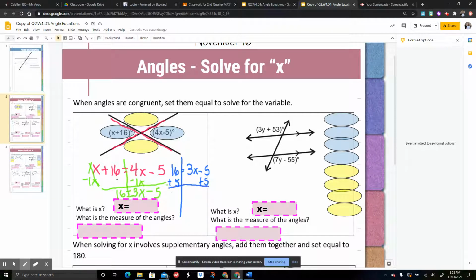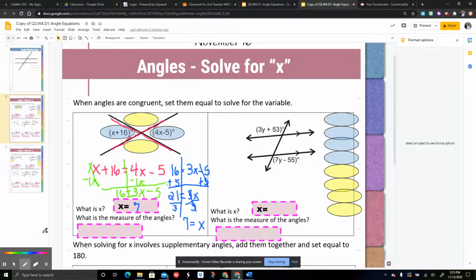And 16 plus 5 is 21. So 21 equals 3 times x. The opposite of times 3 is to divide by 3. And 21 divided by 3 is 7. So x equals 7. You can write it in or you can click on the text box and type it in.